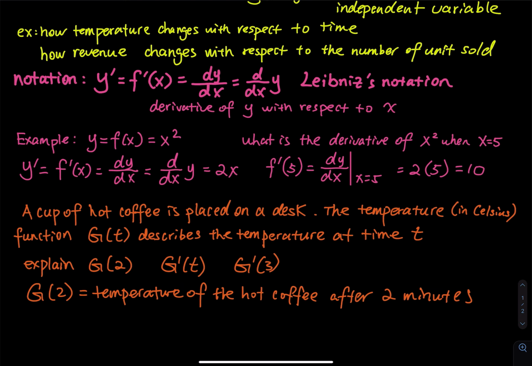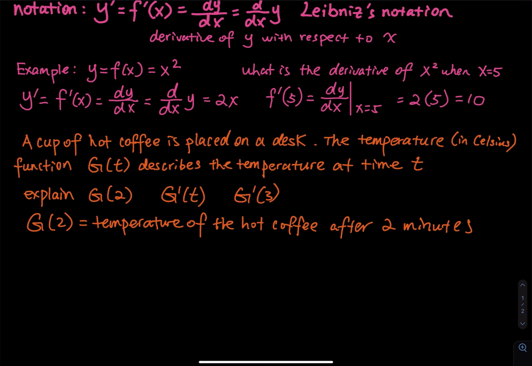All right, and then the next one is g prime of t. What does that mean? First of all, what is g prime of t? So g prime is the derivative, which means the rate of change, right? Very important words, rate of change.